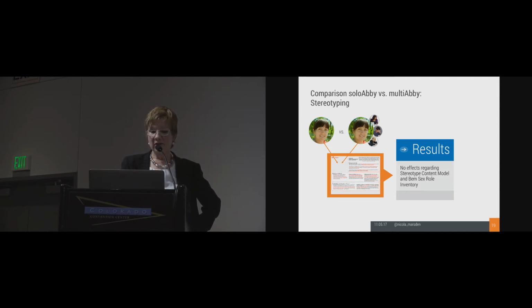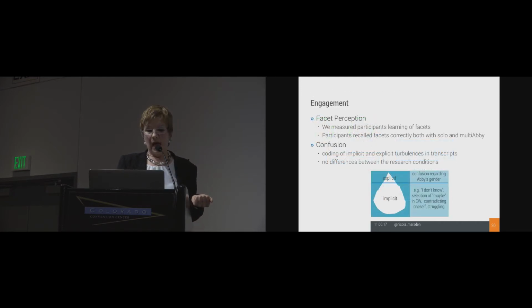We saw it made no difference. The persona wasn't perceived as more or less feminine or masculine, whether presented with one or with four pictures. That surprises, but in a way, of course, it's positive.